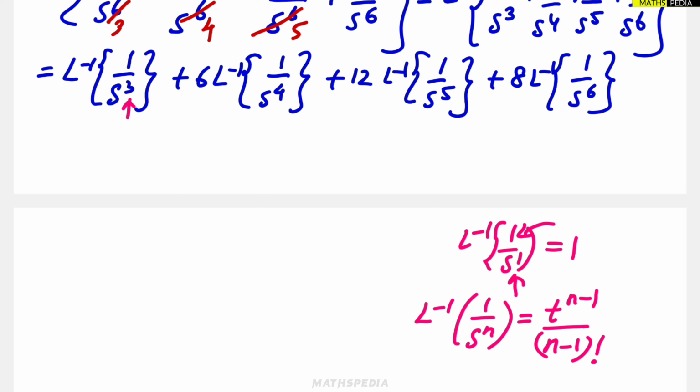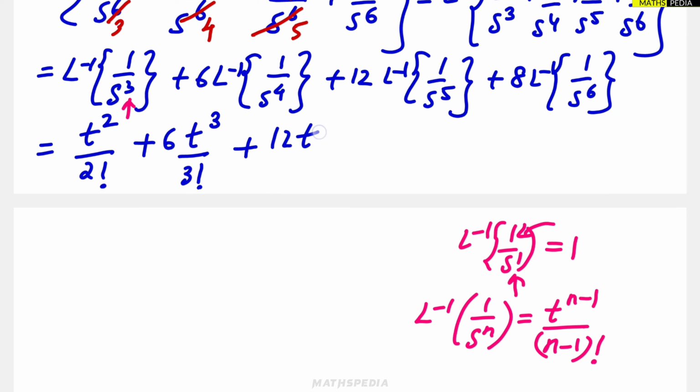Here we can see the n value is 3, so it is t power n minus 1, which is 3 minus 1, which is 2, divided by 2 factorial, plus 6 into t power 3 divided by 3 factorial, one power less, that's it, plus 12 into t power 4 divided by 4 factorial, plus 8 into t power 5 divided by 5 factorial, right?